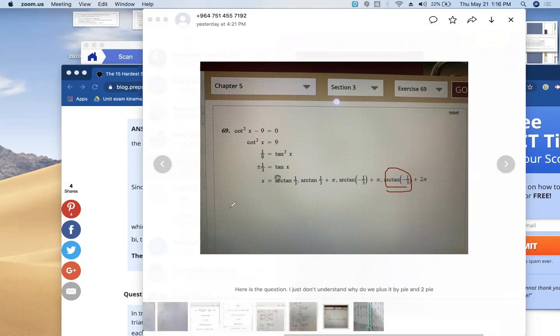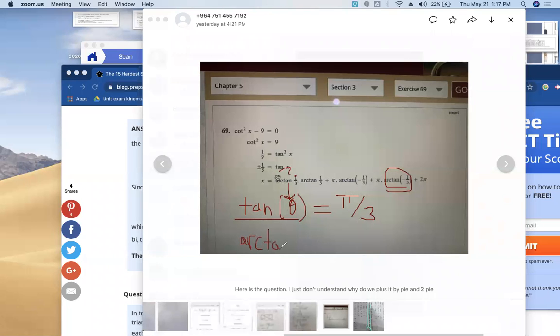Arctan is like so if I have, let's say, tangent of theta equals pi by 3. Okay? So you've seen this, right? Tan of theta equals pi by 3. Now let's say you wanted to find the angle theta. So what you're going to do is arctangent of both sides.